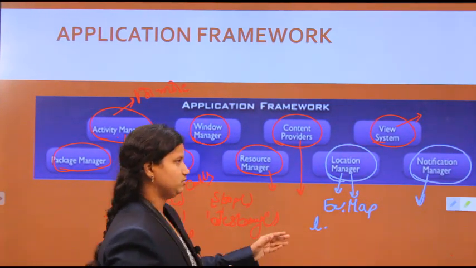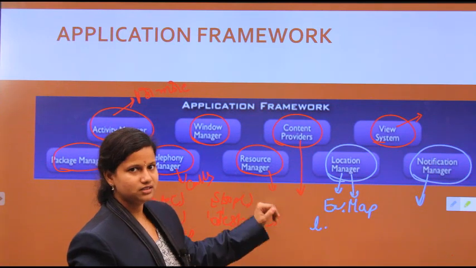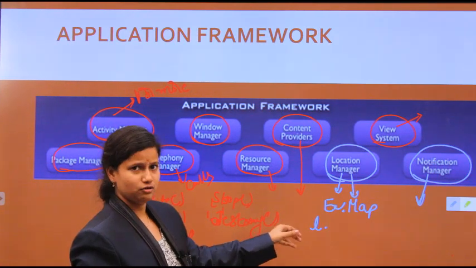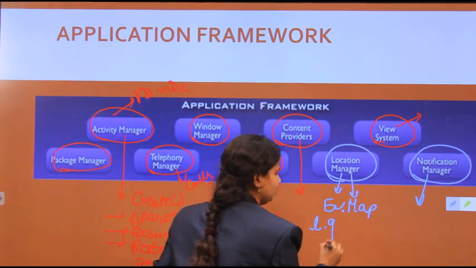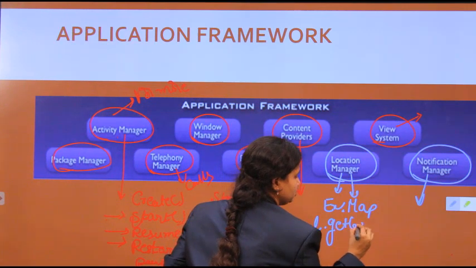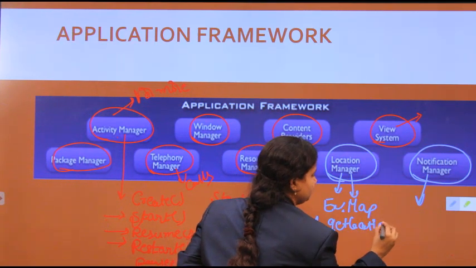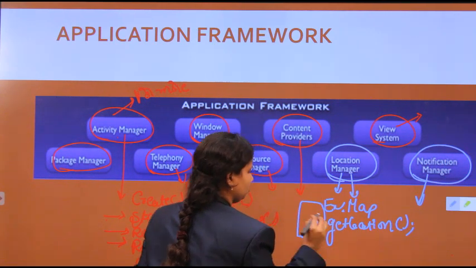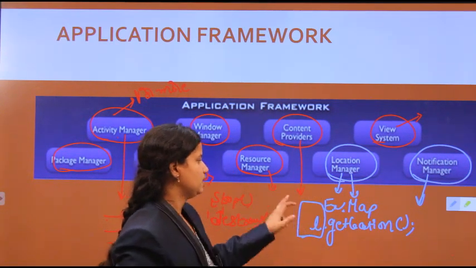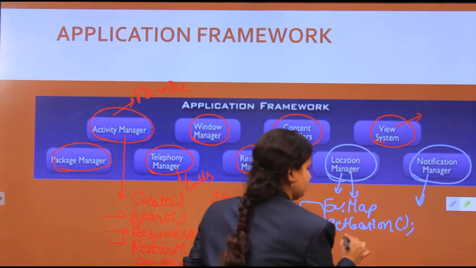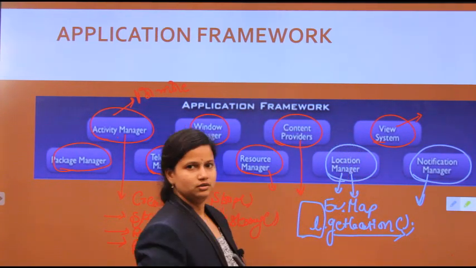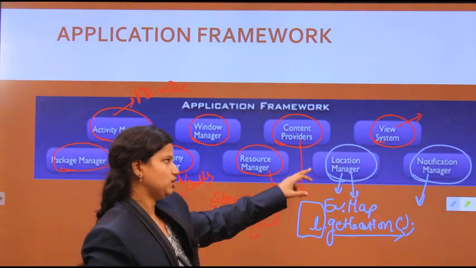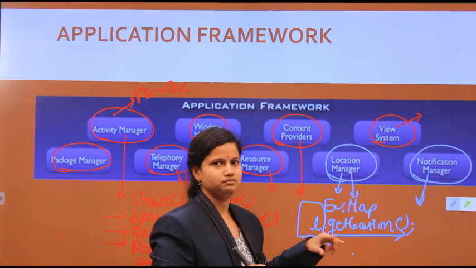And how to get the location? We have to call a method like get location. First of all, we have to call the object of the particular manager class. After that, we call the method get location. Then only we get the location of that particular mobile.